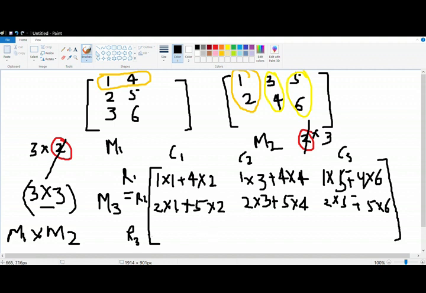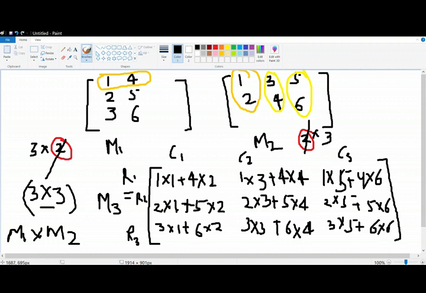Third row: 3 into 1 plus 6 into 2, then 3 into 3 plus 6 into 4, then 3 into 5 plus 6 into 6. So these are the elements of the third matrix.